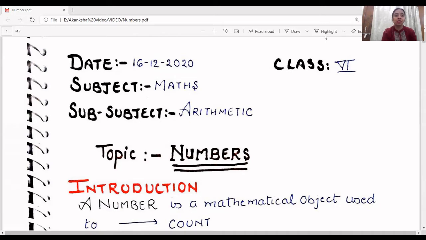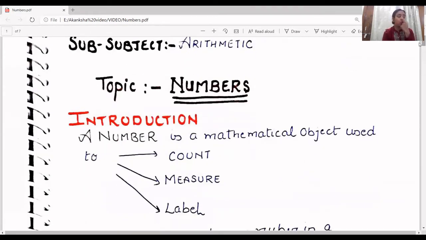So a number is useful in measuring things. A number is useful in counting. You count numbers one, two, three, four, or you label things. This is the first thing. This is the second thing. This is the third thing. So it is also used for labeling. So it is used for counting, measuring things, and labeling elements. So numbers are very useful.